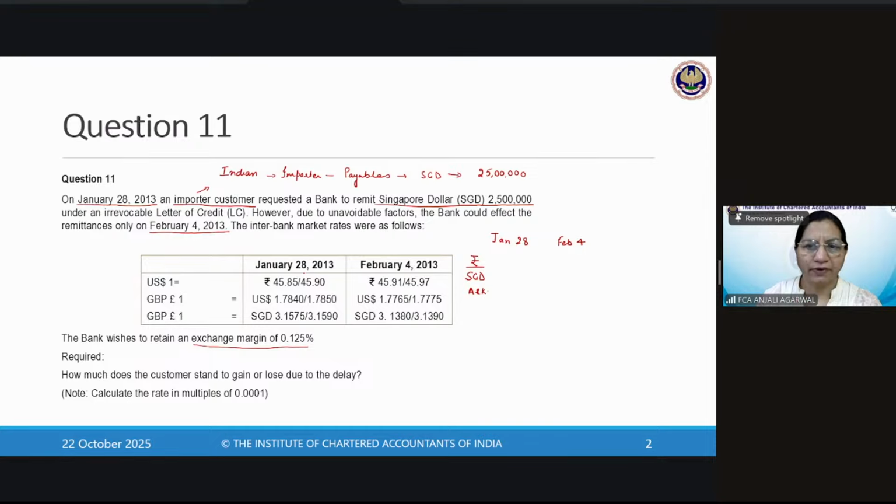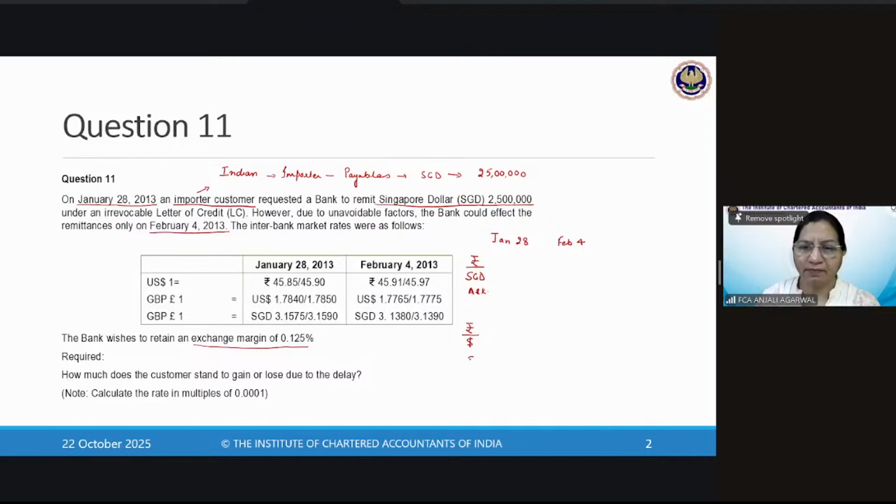Let's see what was the rate on January 28. Now, do we have a rupee by Singapore dollar here? No. What we have is that cross currency rates would be applicable. The first rate that is given to you is rupee by dollar. The second rate is Great British Pound: pound 1 is equal to US dollar 1.7840 and 1.7850.